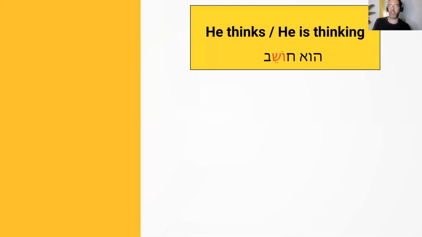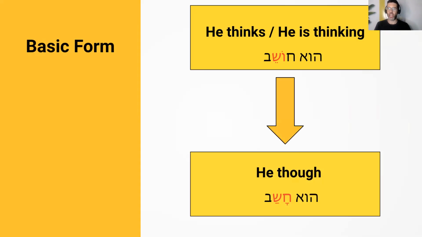Whenever you have in present tense an o and an e sound, choshev, in order to make it past tense, all you need to do is to change the o and e sounds into an a. So choshev becomes chashav. Choshev present tense, chashav past tense. But this chashav is just the basic form of past tense. Basically, it's just the pronoun hu. Hu chashav.